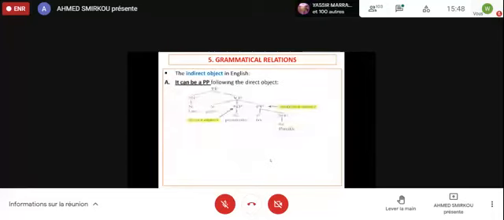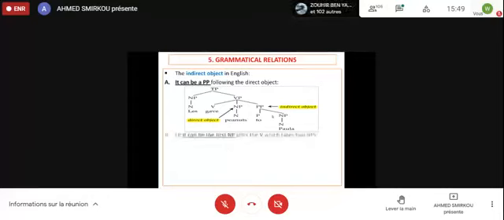Let's take: give peanuts to Paula. So this is the direct object and the indirect object here. The indirect object is a preposition phrase. Preposition phrases can function as adjuncts, as complements, and as subject complements in certain contexts.